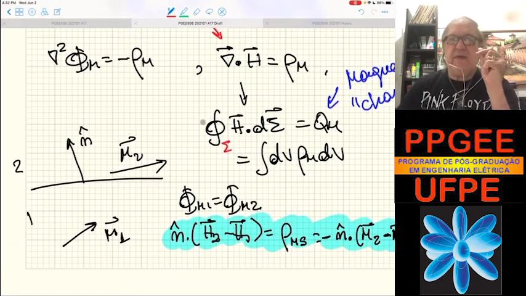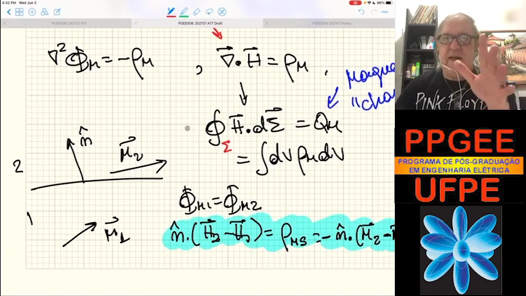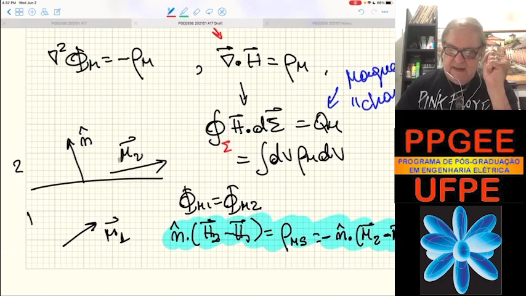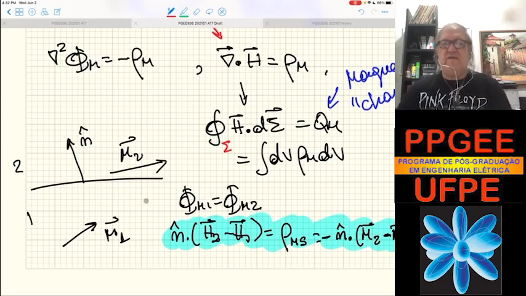And also boundary conditions are very similar to the flux density vector in electrostatics. We're going to have continuity of the magnetic potential and discontinuity of the normal component of H, which is going to be the surface magnetic charge density, this fictitious parameter that we define.